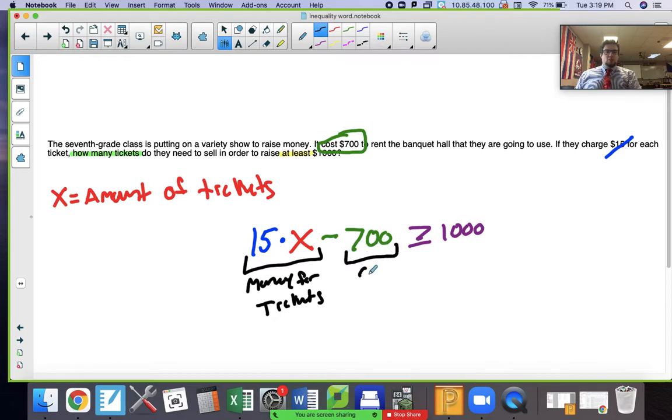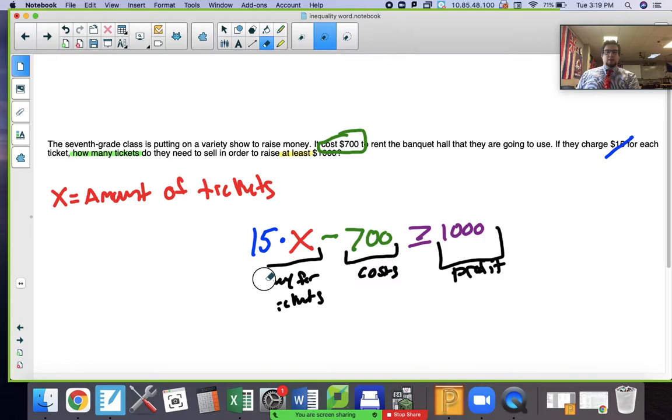Here's any initial costs. And this is what our profit has to be. Now, profit, remember, is revenue minus costs. So I sell a bunch of tickets. I then have to subtract all of my costs before I can actually walk away with the money.